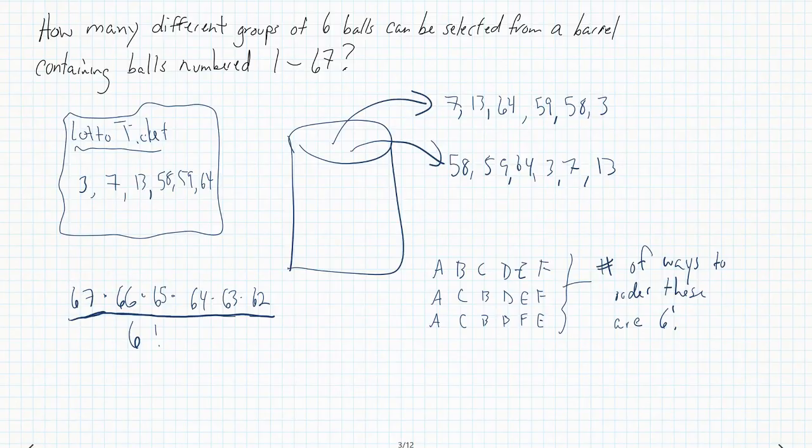So at the end of the day, what do we have happen? Well, you have 67 times 66 times 65 times 64 times 63 times 62, and you want to divide that by 6 times 5 times 4 times 3 times 2 times 1.